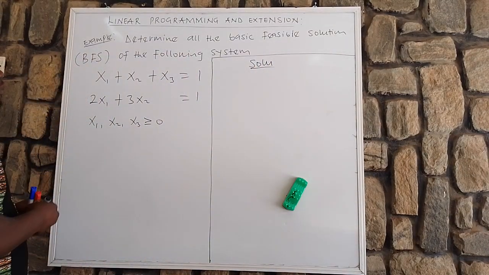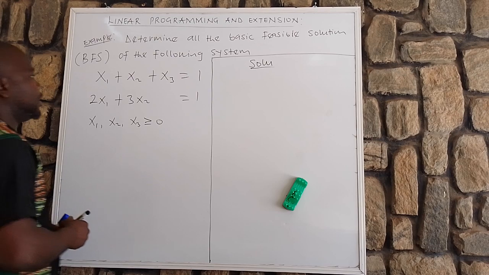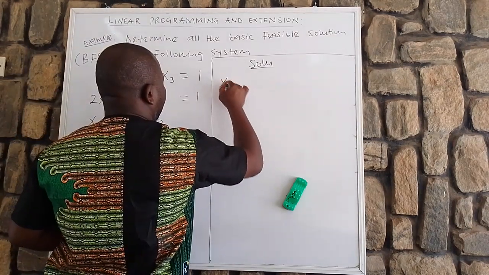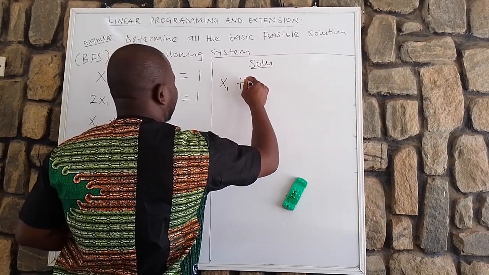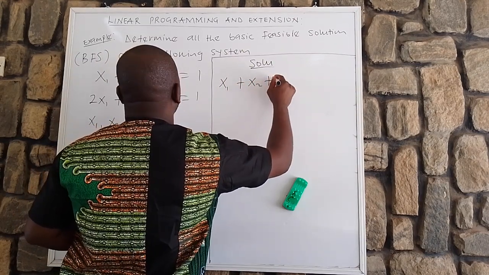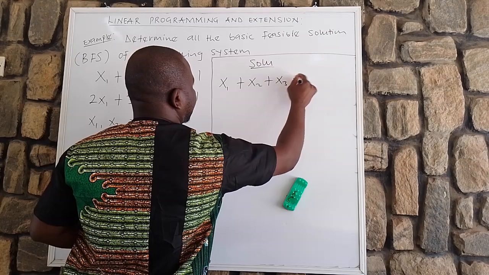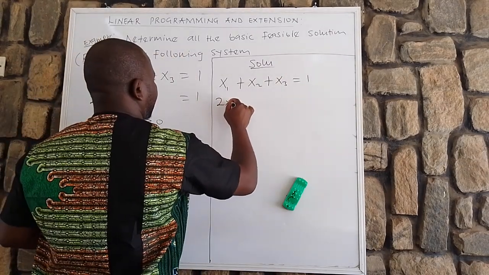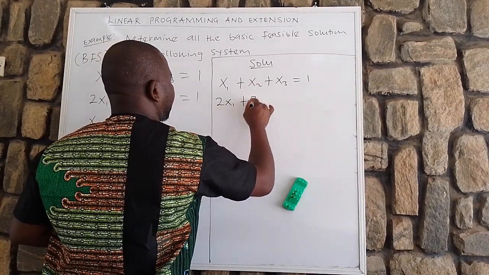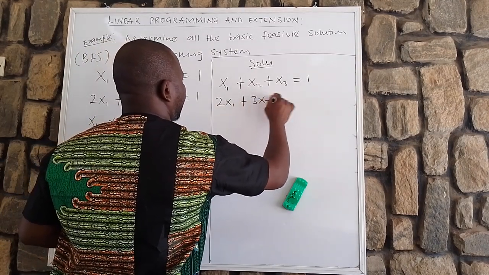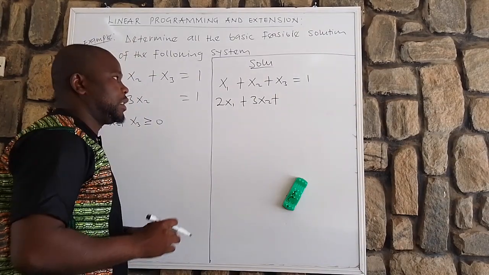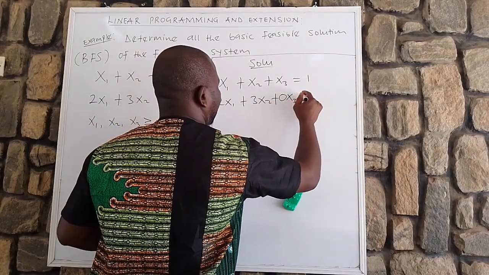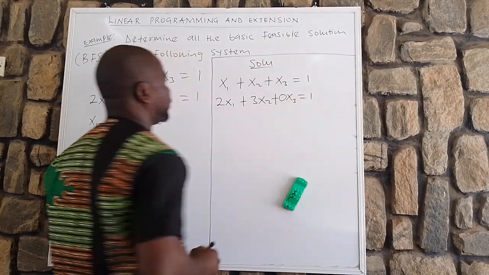We are going to rewrite this system back: x1 plus x2 plus x3 is equal to 1, and 2x1 plus 3x2 plus, mind you, no x3 here, so it will be 0 x3, is equal to 1.